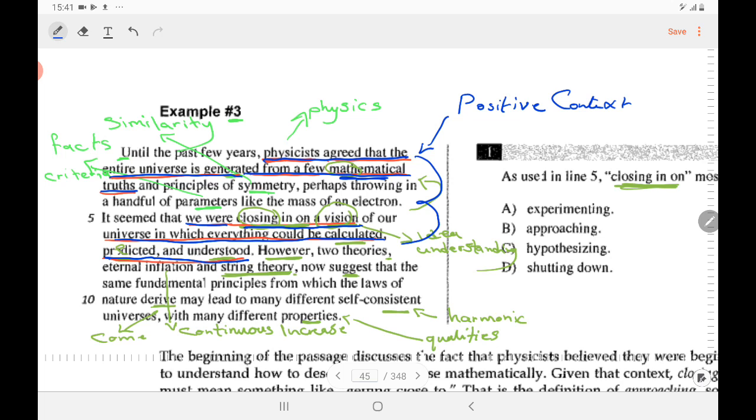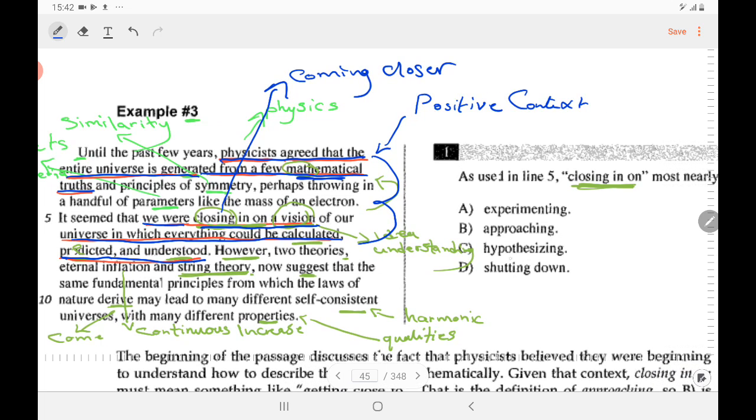So it's a very positive context. And the word here, closing in on a vision, we are closing in on a vision. To plug in your word, you can say we're coming closer. Okay. This is my word. Let's go and consider each choice.